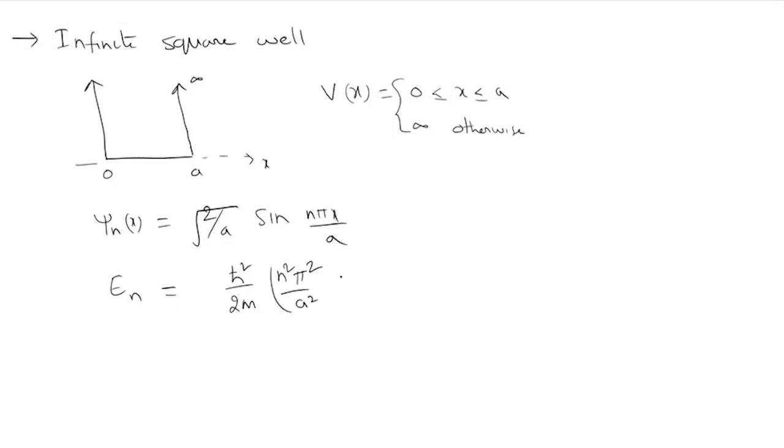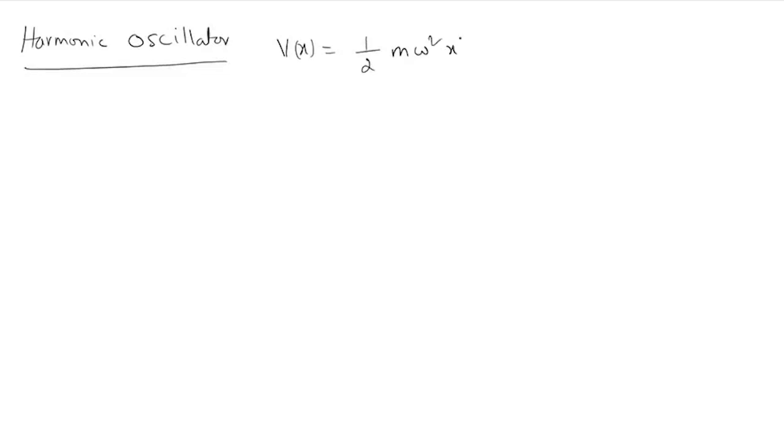This you must remember. Another system that we all very often talk about is the harmonic oscillator. It's a particle moving in a potential which is half m omega squared x squared.